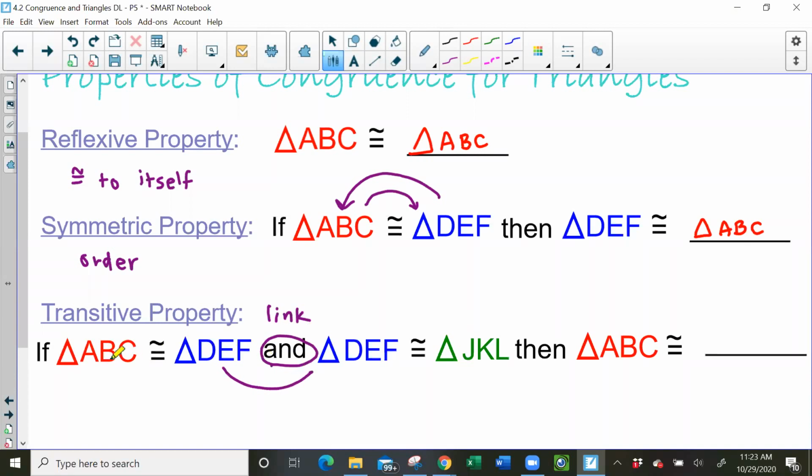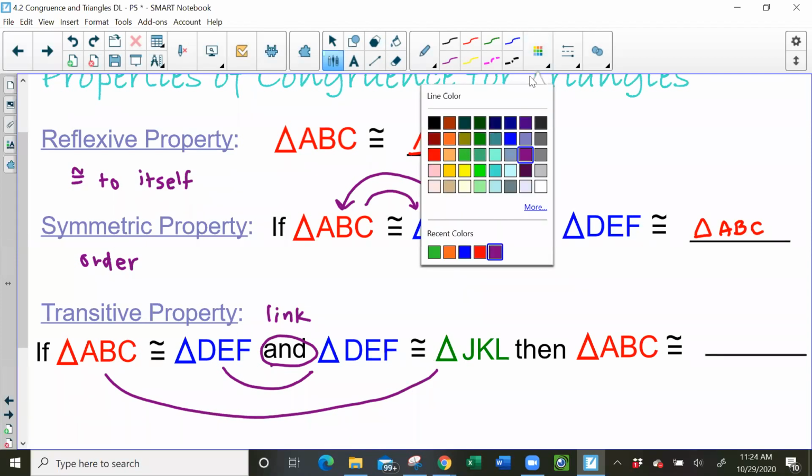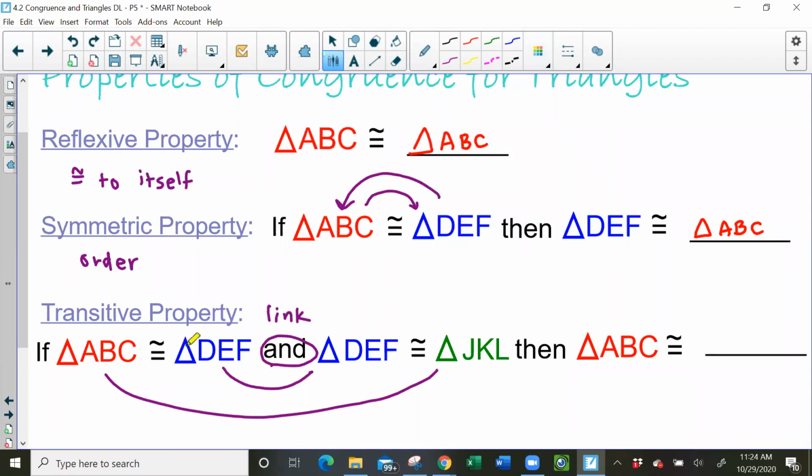So if one thing is congruent to the second thing, and the second thing is congruent to a third thing, then the first is congruent to the third. So we're going to link those together. Then triangle ABC is congruent to triangle JKL. These two things in the middle are congruent to each other. DEF is congruent to ABC, and DEF is congruent to JKL.